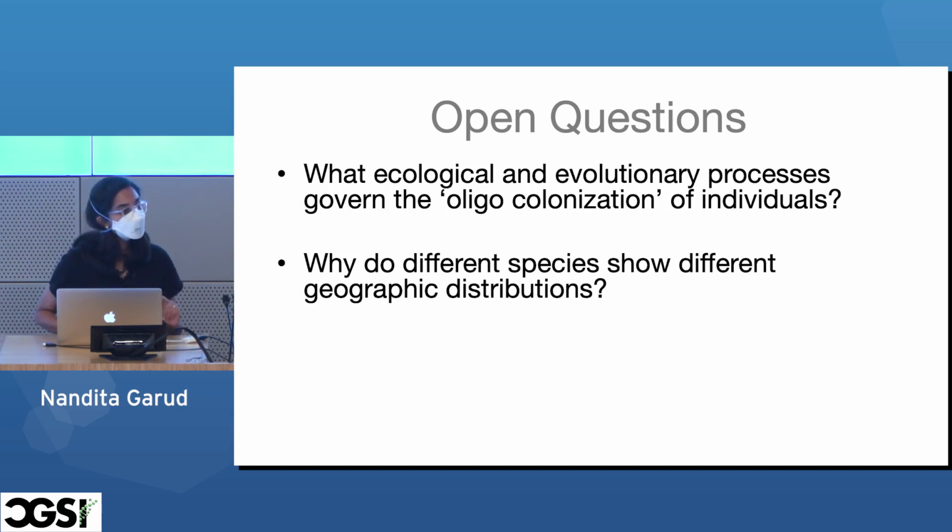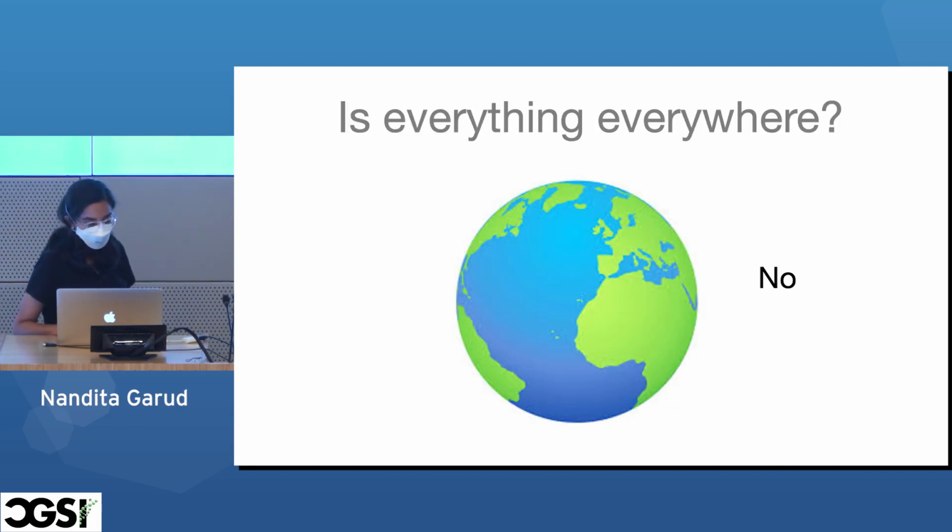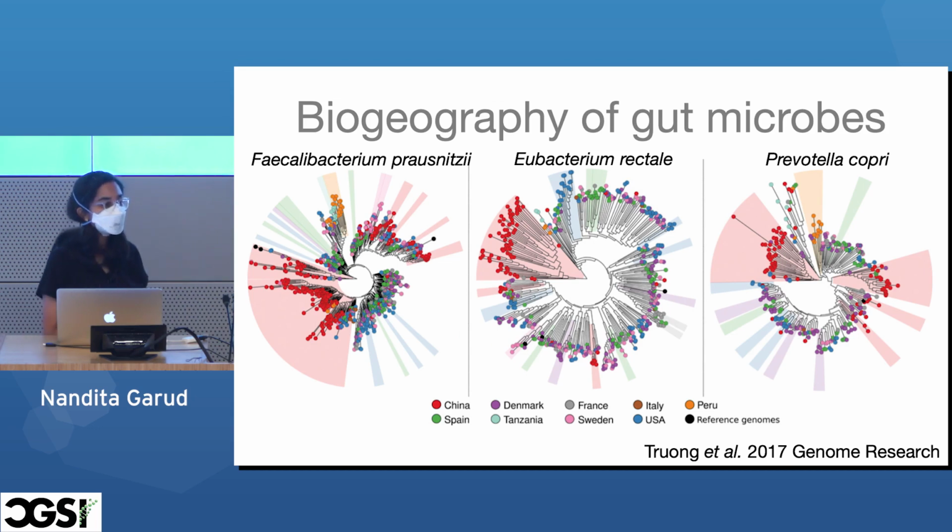Did I see a question? Yeah, can you return to those three phylogenies? Yes. So all these species are over different strains of the same species? Yes. And so you disregard the geography and then you color by the geography. Correct.